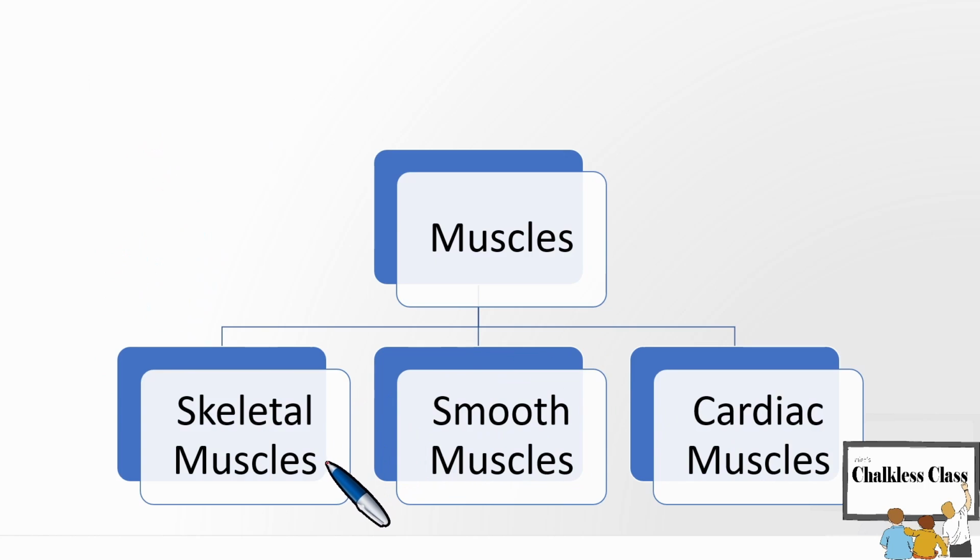These help in movement and locomotion. These are called skeletal muscles or striated muscles. The smooth muscles are present in the visceral organs. These are helpful for the movements inside the organs. Next, cardiac muscles. These are present in the heart.